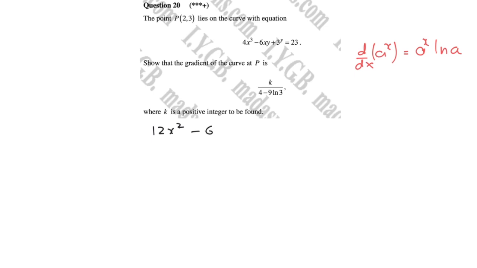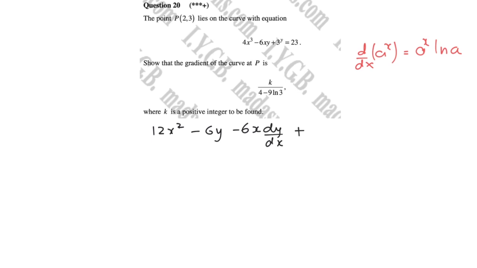Then differentiate x. The derivative of x is just 1, so it disappears and you get -6y. Then you have again a -6, and then you differentiate y, leaving the x alone. What do you get when you differentiate y implicitly? dy by dx.